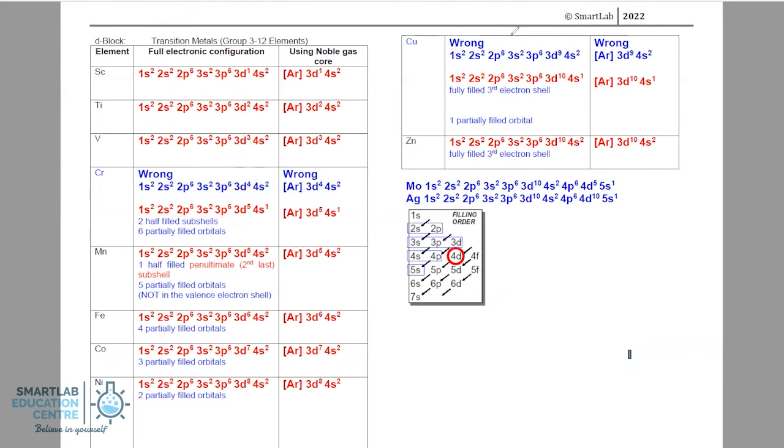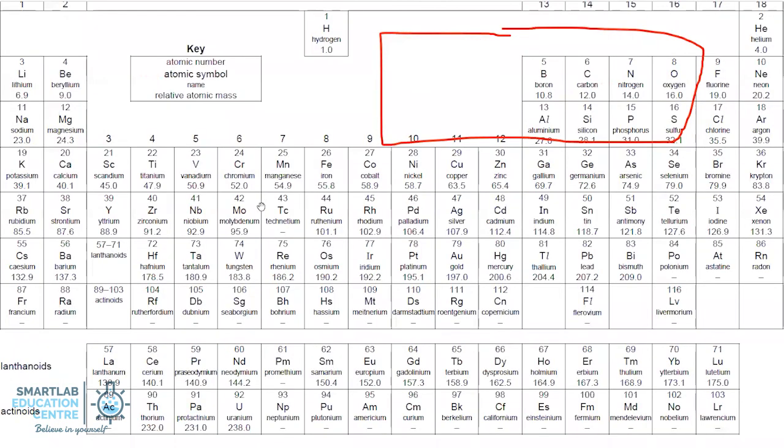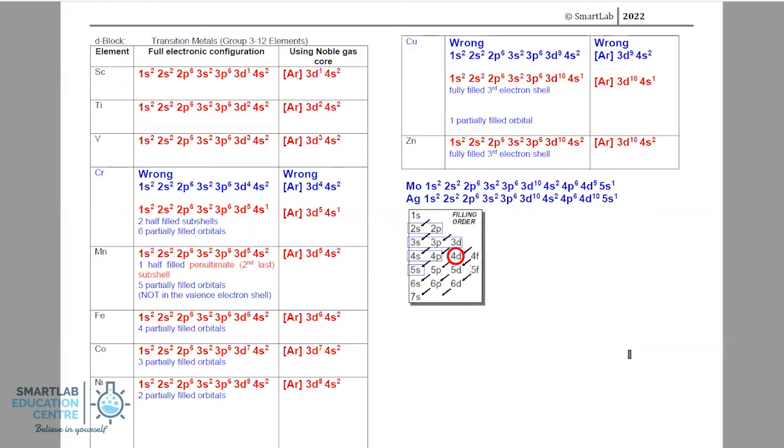The other anomaly is your copper. Copper in the periodic table, if you look at it, should be 3D9. If you count that, it's 1, 2, 3, 4, 5, 6, 7, 8, 9. So it ought to be 3D9 4s2. In this case, it's not.